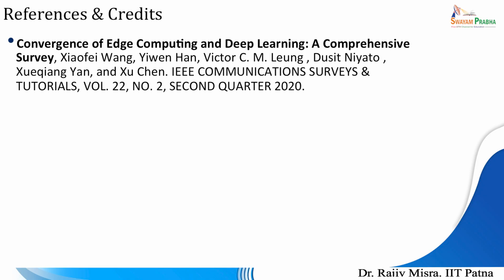AI for the edge requires that the infrastructure be automated. AI on the edge will require the intervention of running the AI on the edge for supporting different applications. So, we will see more details in the further lectures. Thank you.